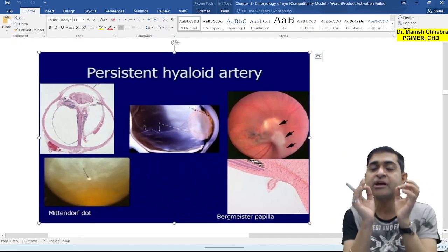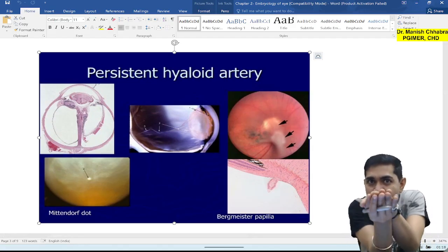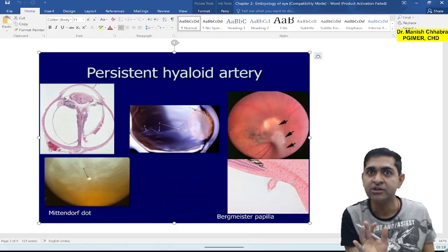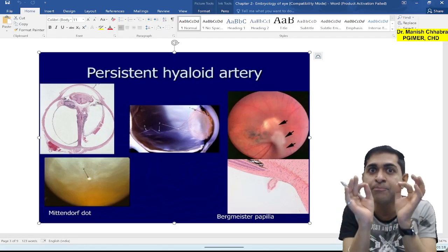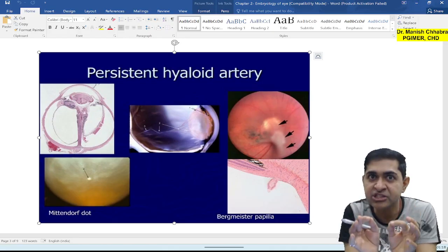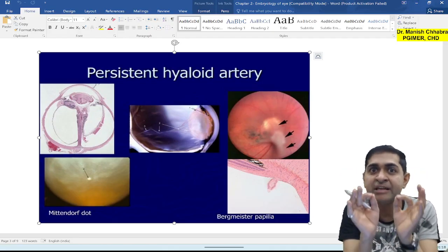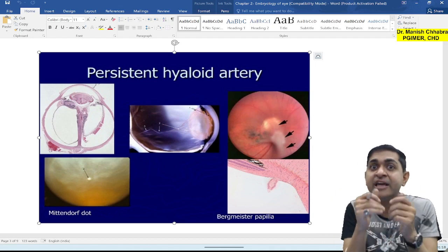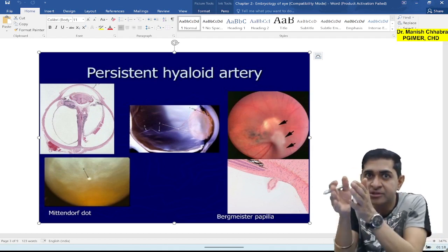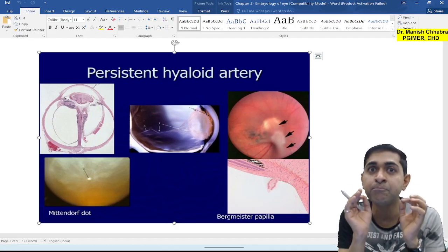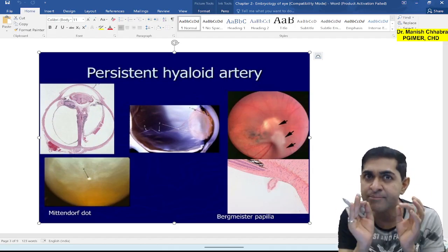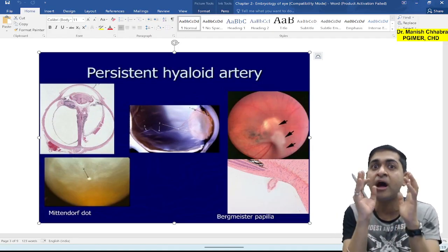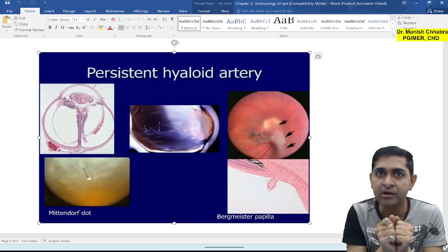If there is complete remnant of the hyaloid artery arising from the optic cup reaching up to the lens, you call it PHPV, persistent hyperplastic primary vitreous. If the hyaloid artery gets regressed but in parts, you call it Musca volitans. Why Musca volitans? Musca is used for housefly, Musca domestica.